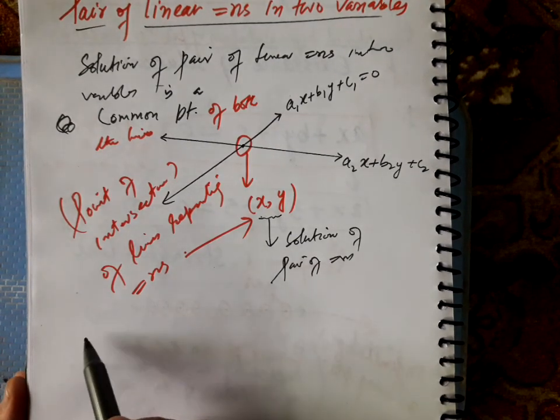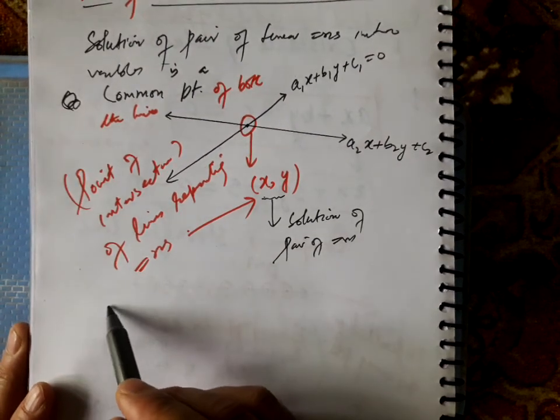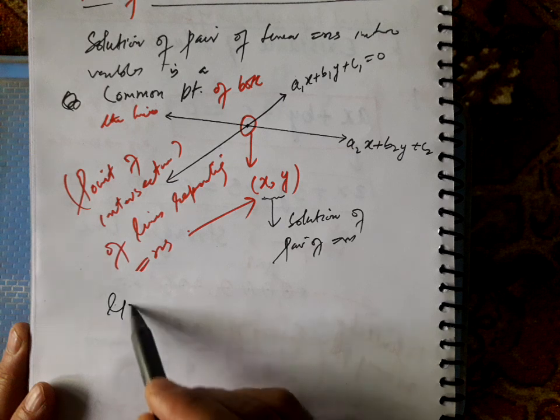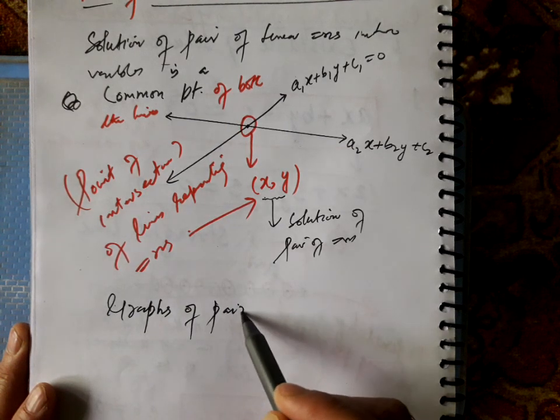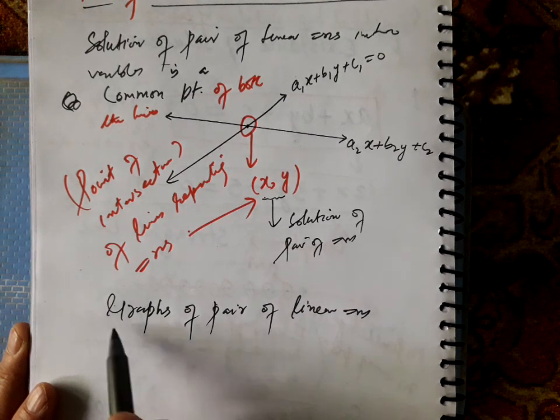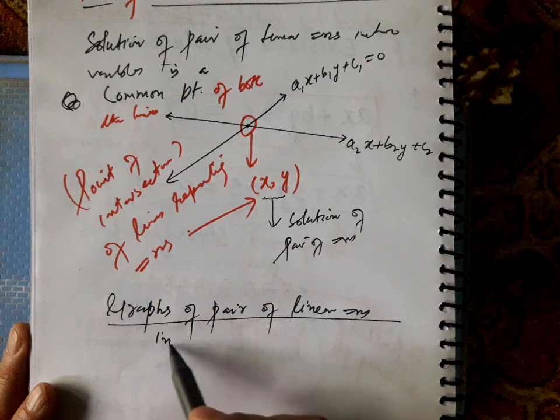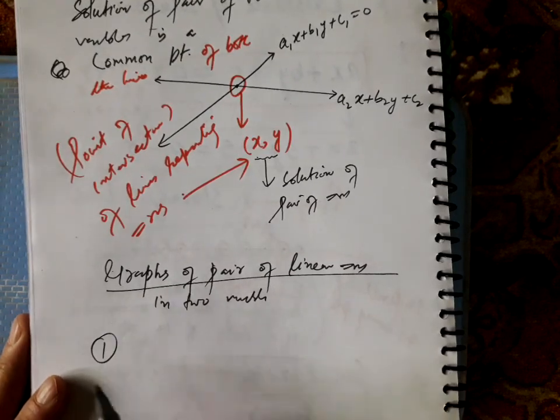Now when we plot the graphs of a pair of linear equations in two variables, what will happen? Three things can happen, three cases can happen.